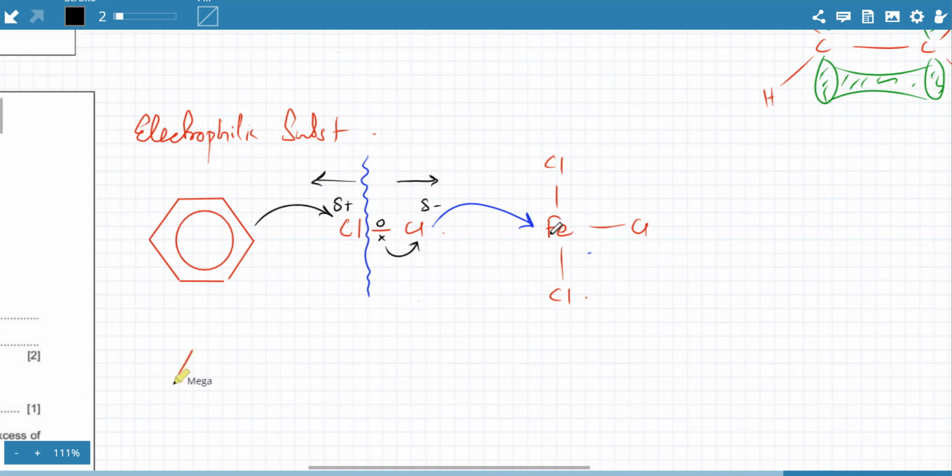benzene एक second draw कर लें. अच्छा, तो ये Cl+1 हो गया, and the other one is Cl-1, right? The molecule has been polarized and it has been broken successfully.